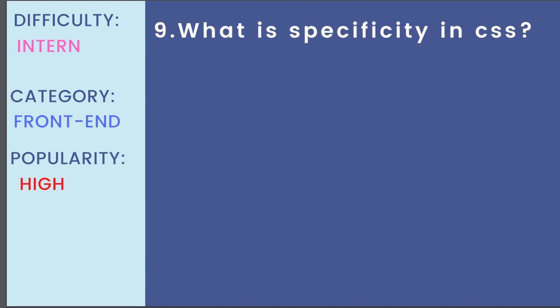Next question, question number 9. What is specificity in CSS? Pause the video and try to answer yourself. Here I have to mention that really you don't need to answer with a definition.